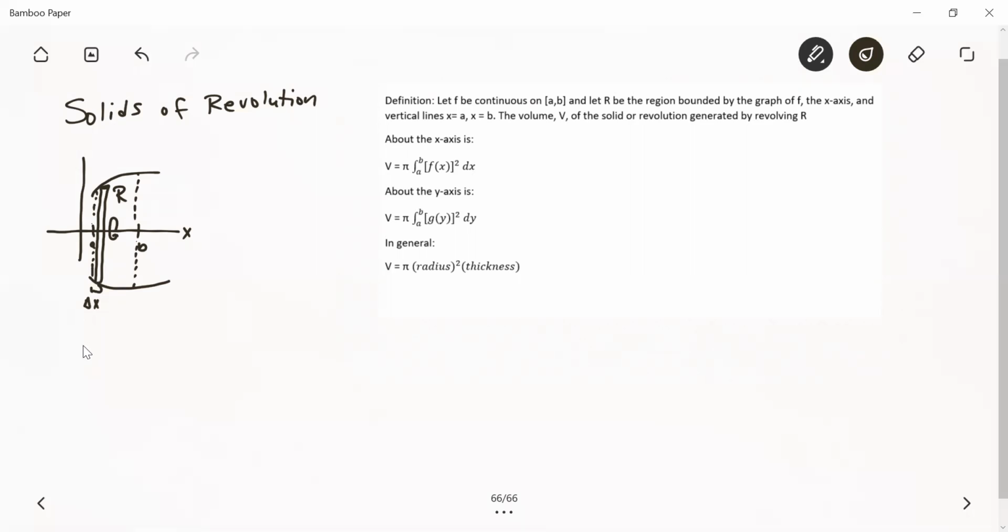If we were to revolve this same function from a to b around the y-axis, the volume is equal to pi times the integral from a up to b of g of y, quantity squared, dy, because then we would have our vertical rectangle, that would be our dy as it's revolving around the axis.